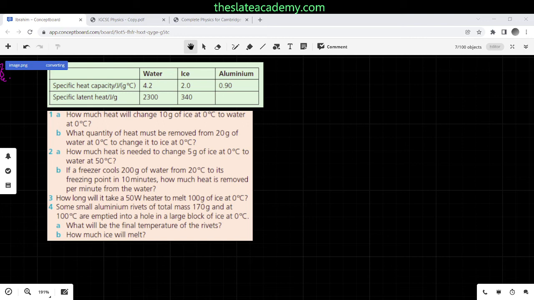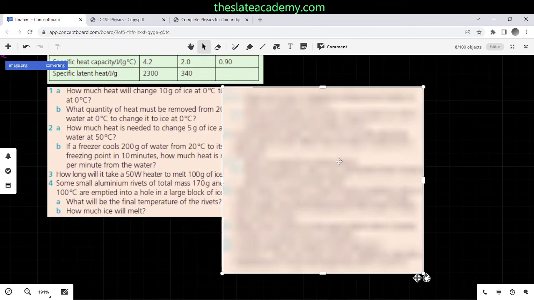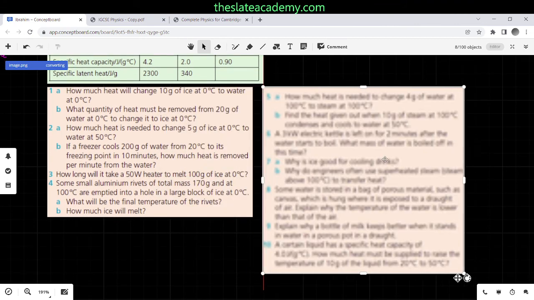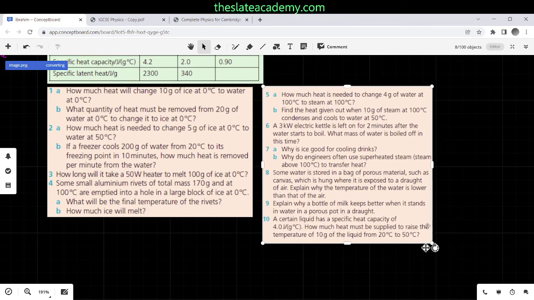Be careful about units, be careful about all the information. Some questions, what are we finding? The amount of heat. You tell me, I gave you all the formulas.